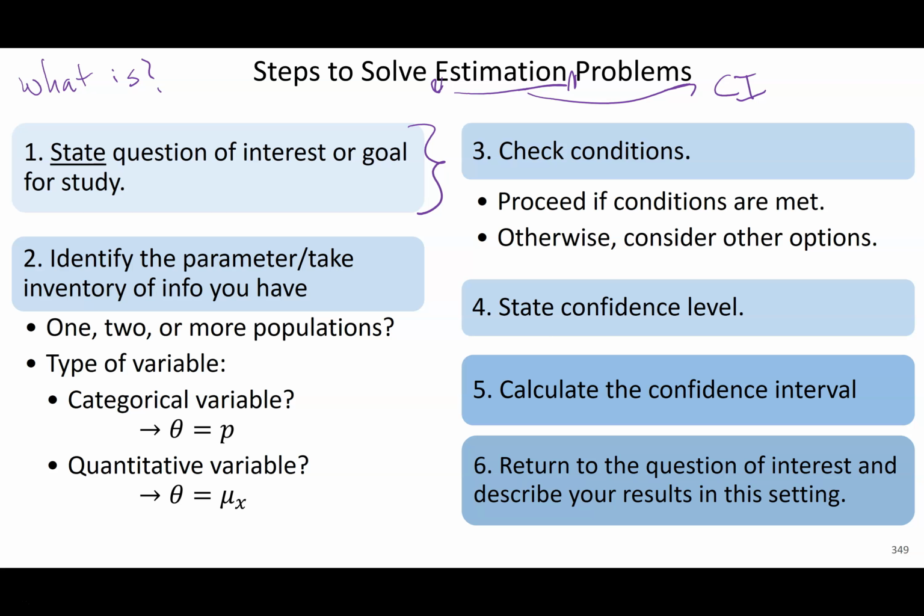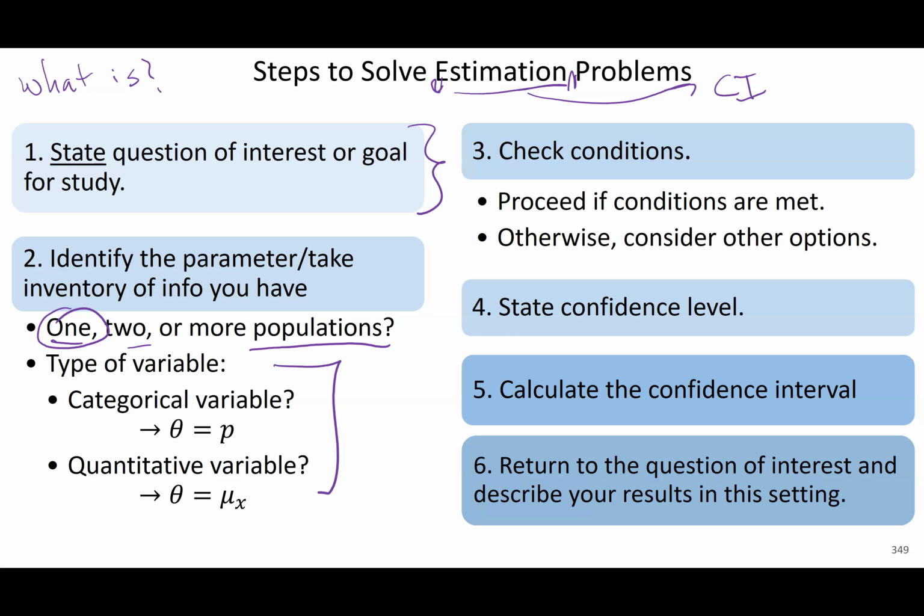And then 2, you want to identify the parameter of interest, like, what is it we actually want to estimate? And then take inventory. So this is where you figure out, okay, here's the problem, here's the information they give us. In this class, 1, 2, or more populations, we're going to stick to 1 population in this class.